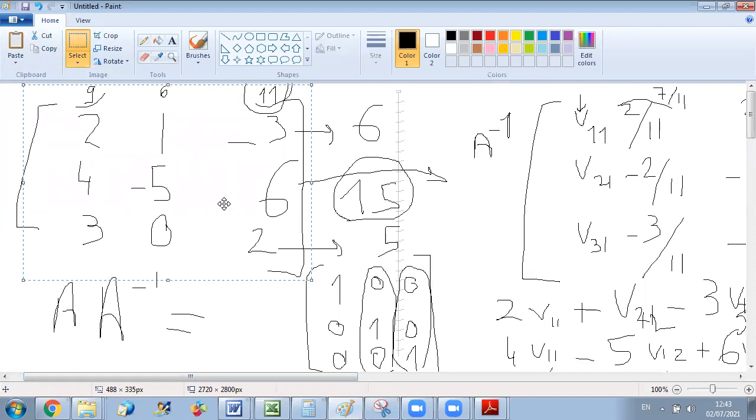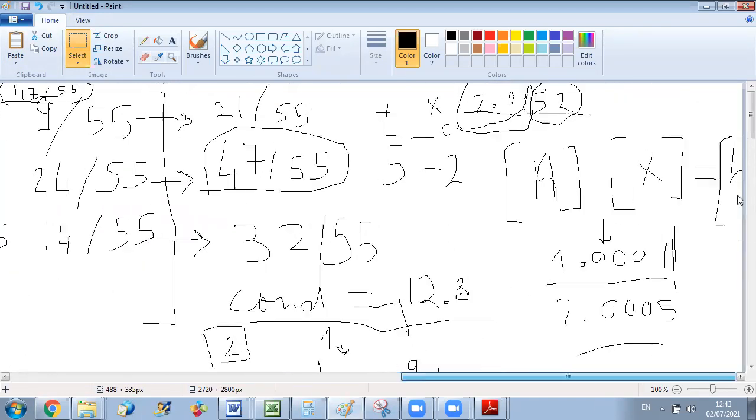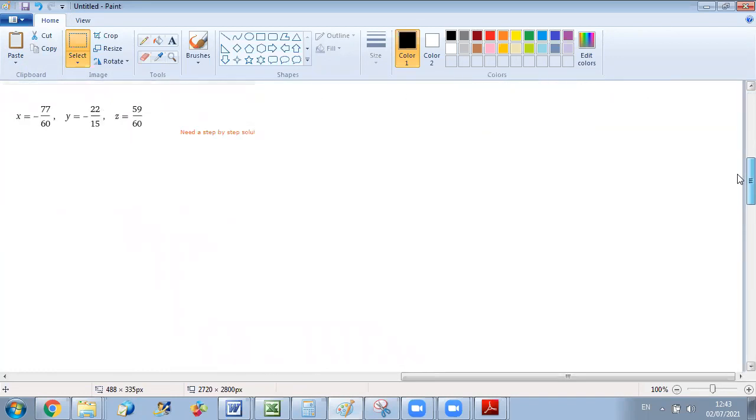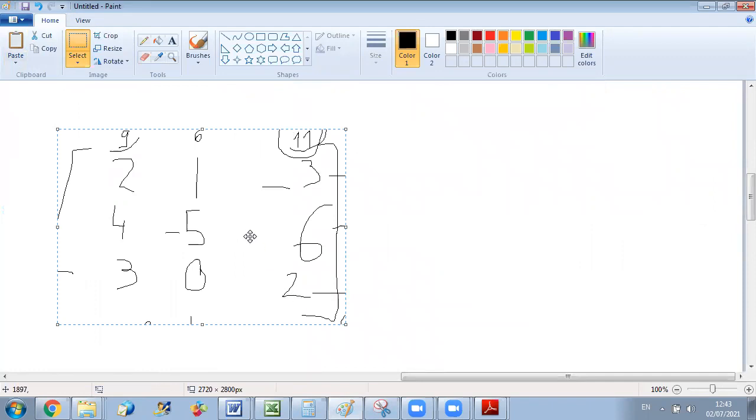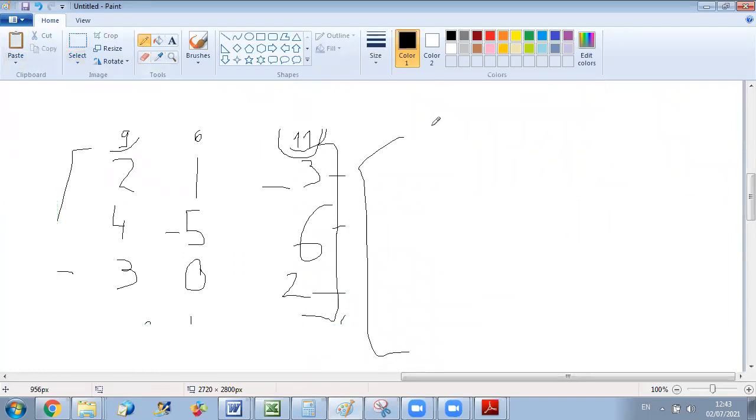Since I expect that A times A minus 1 will give me the identity matrix, I want to find the first column of A minus 1, which I will call V11, V21, V31.